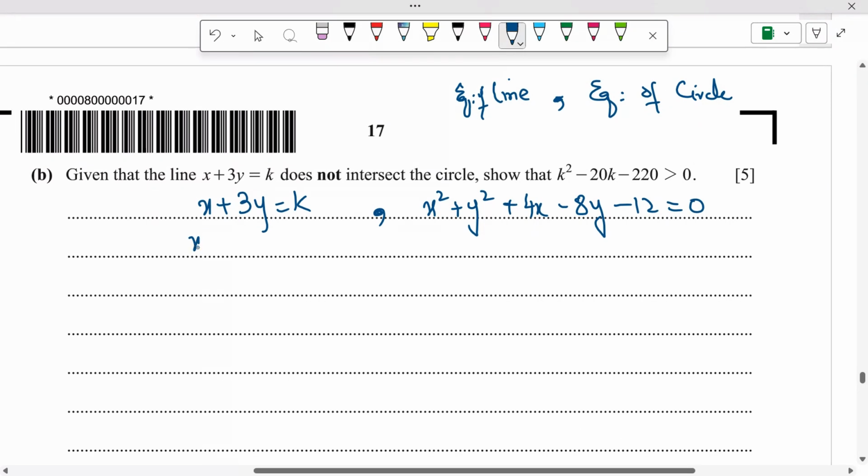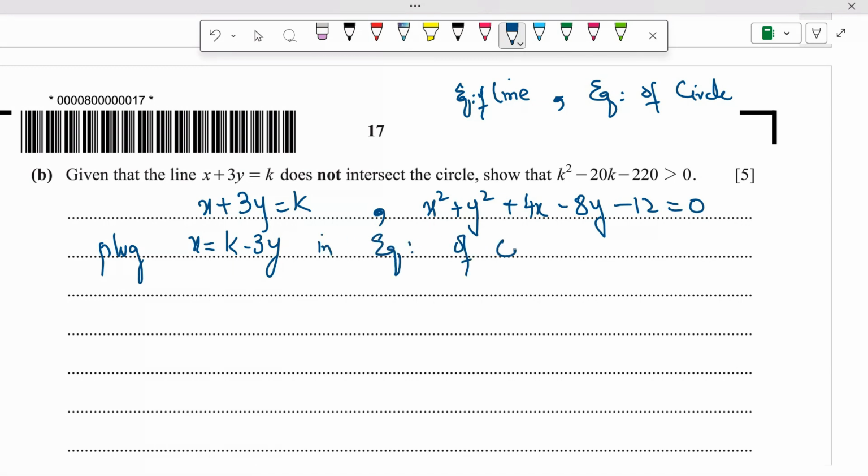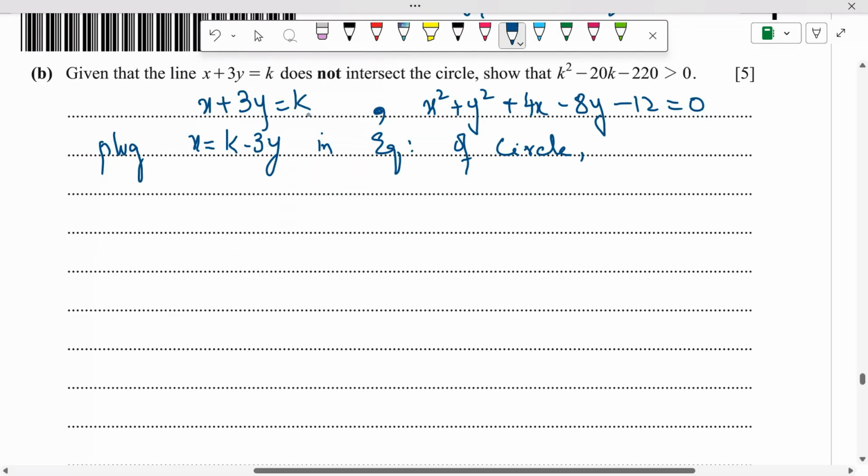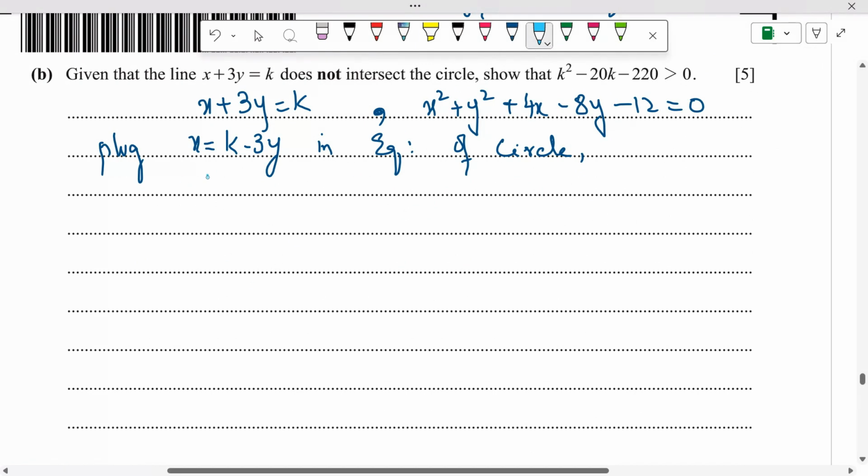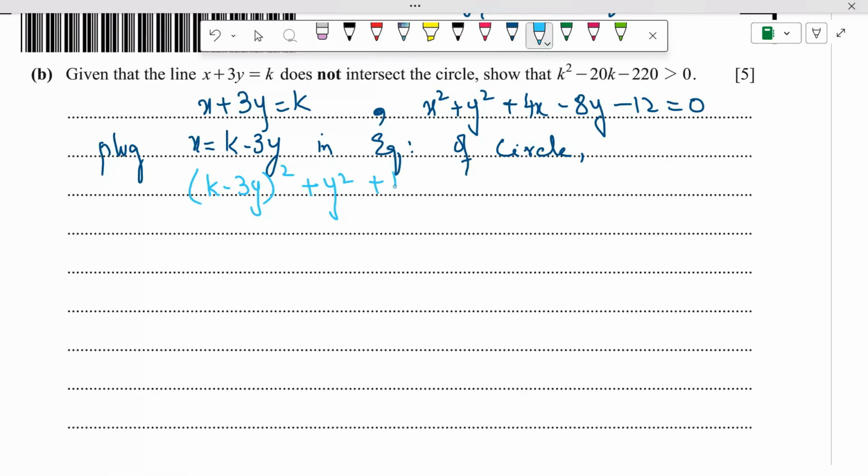From the equation of the line we get x equals k minus 3y, and plugging into the equation of the circle, it becomes (k minus 3y) whole squared plus y squared plus 4 times (k minus 3y) minus 8y minus 12 equals 0.